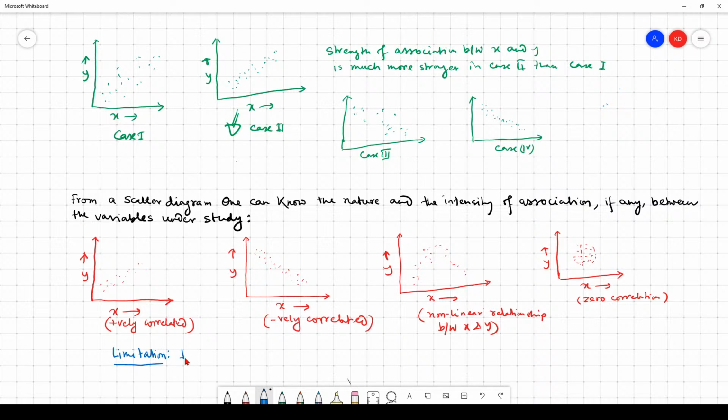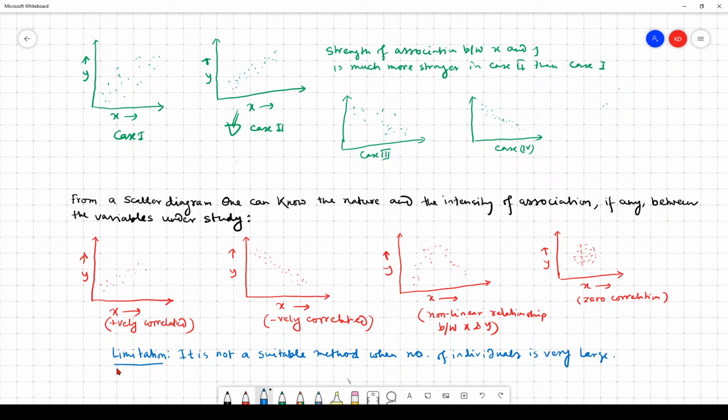It is not a suitable method when the number of individuals is very large.